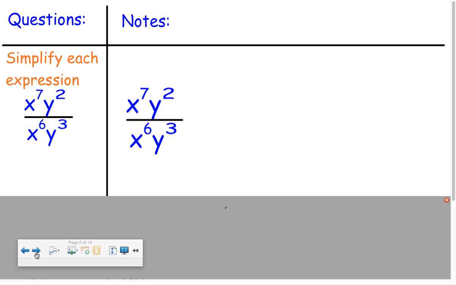So we have x to the 7th times y to the 2nd over x to the 6th times y to the 3rd. So we are going to start by expanding this problem. So x to the 7th is the same as x times x times x times x times x times x times x. So I wrote x to the 7th, expanded it by writing 7 x's.